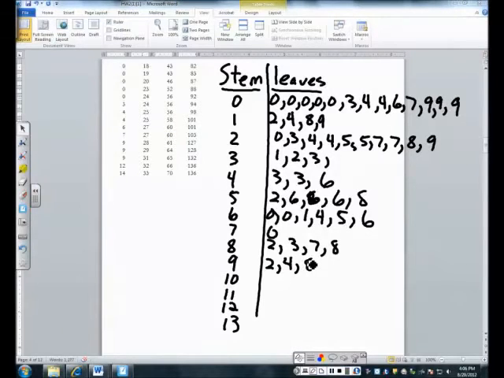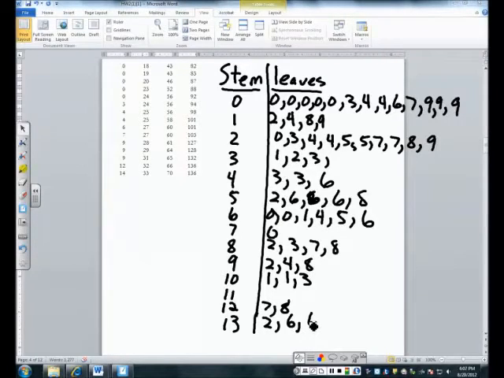Then in the 100s, before we get to 110, 101, 101, 103. Then nothing in the 110s. In the 120s, 7 and 8. Then in the 130s, 2, 6, and 6. And so there's your stem and leaf display.